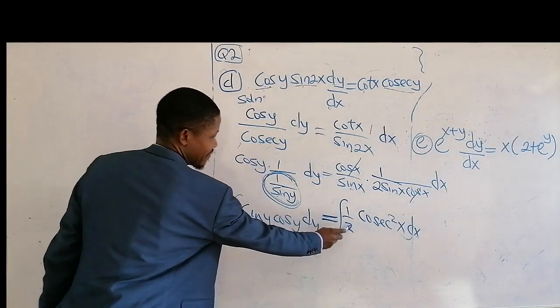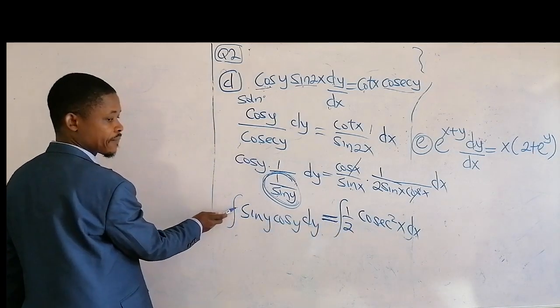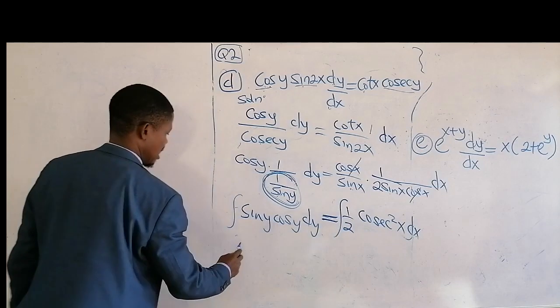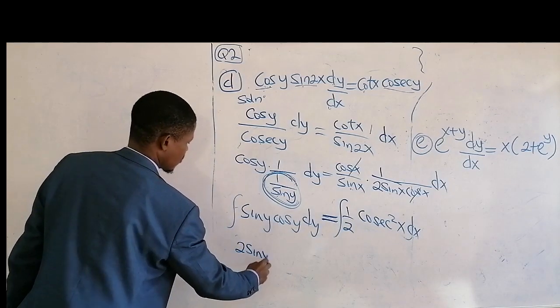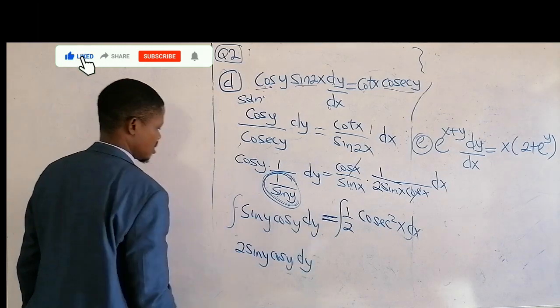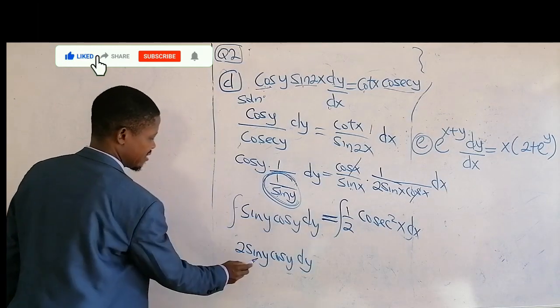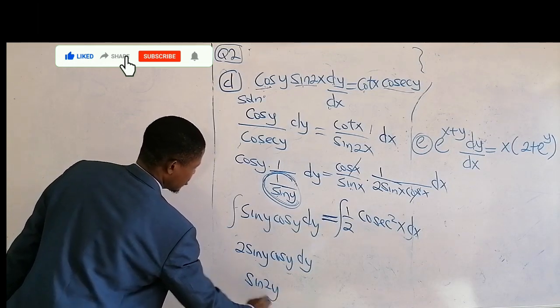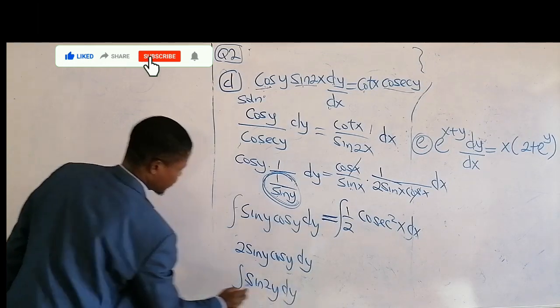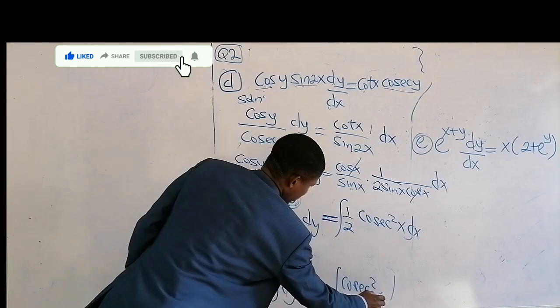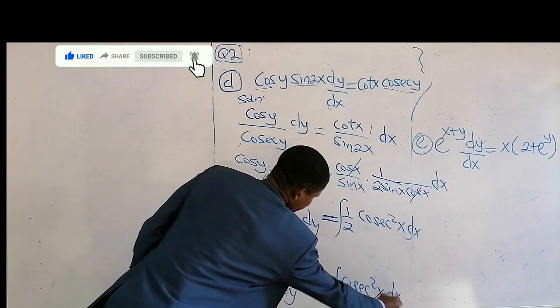Then you can remove this half here because I need the 2 here. So multiply this by 2, this by 2. So I have 2 sine y cos y dy, and this one will give me sine 2y dy. Integral of sine 2y dy equal to cosec square x dx.